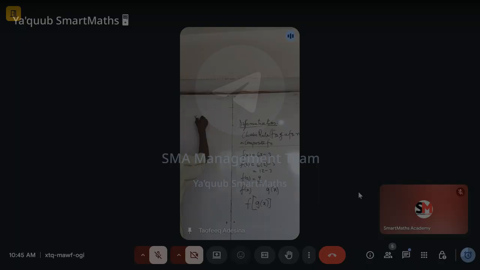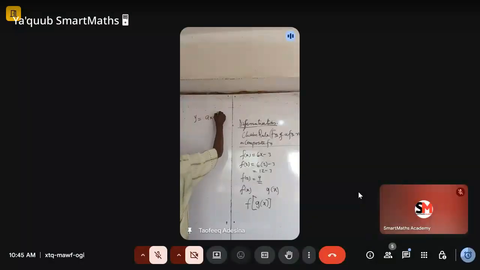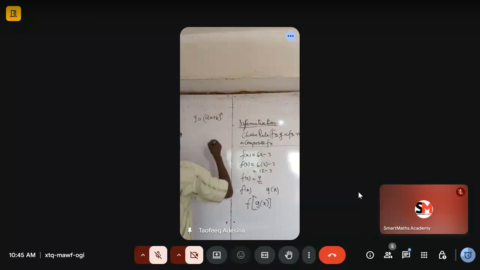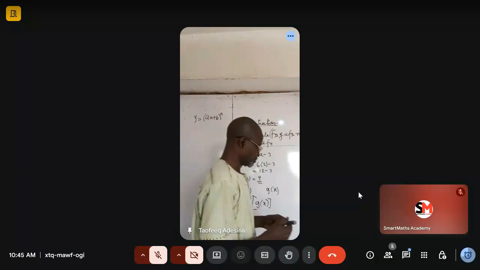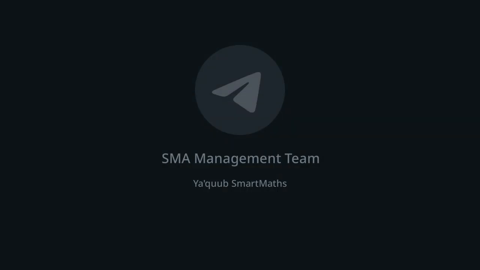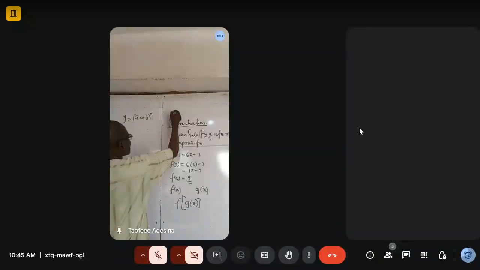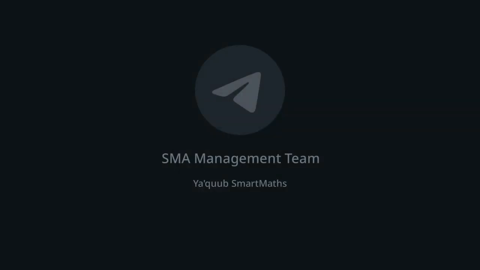Let's say y equals (ax plus b) raised to power n. You can see there's a difference now. It's different from when I say y equals ax plus b.